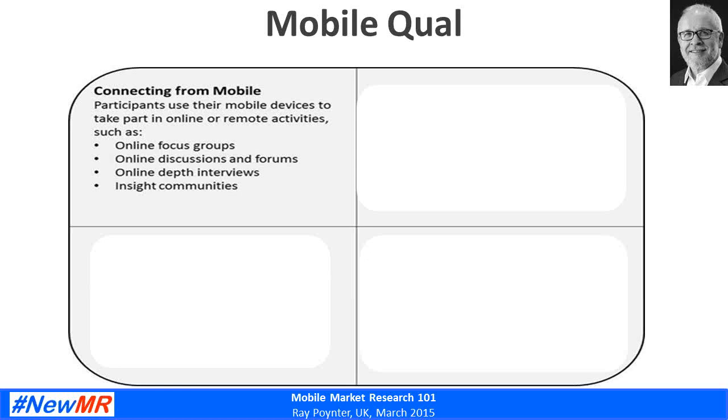Online discussions and forums are from tablets and from smartphones. Online depth interviews, if you're using a variety of tools, or even if you're just using Skype or FaceTime, can be from these mobile devices. Increasingly, people who take part in insight communities in MROCs are insisting on connecting via their mobile devices. We need to make sure that all of that is enabled.